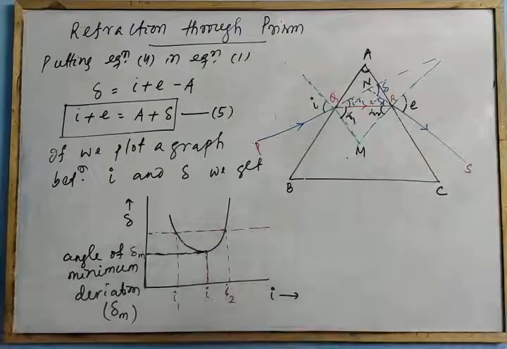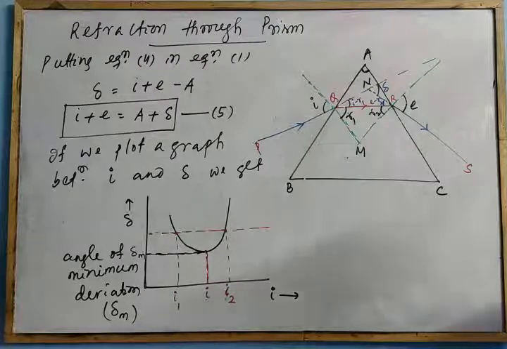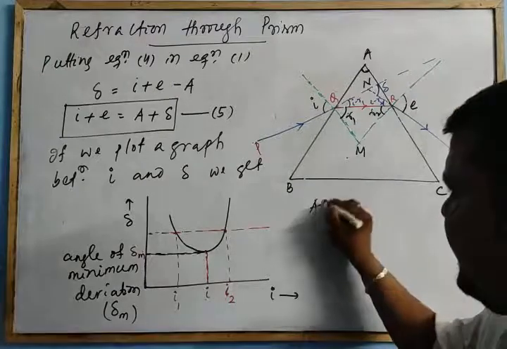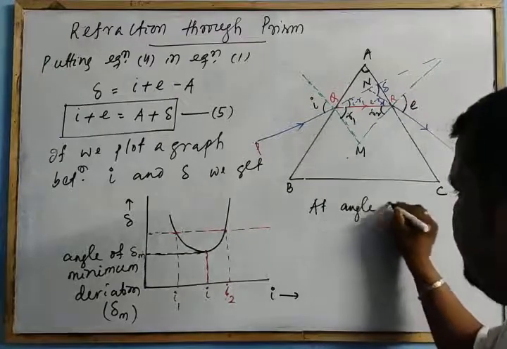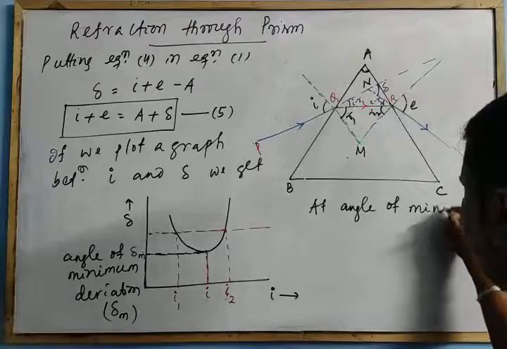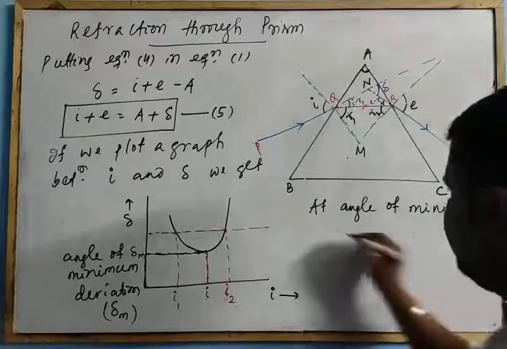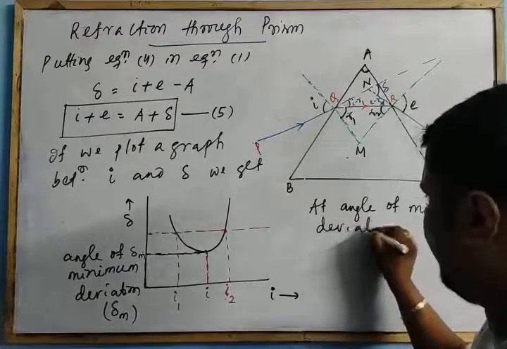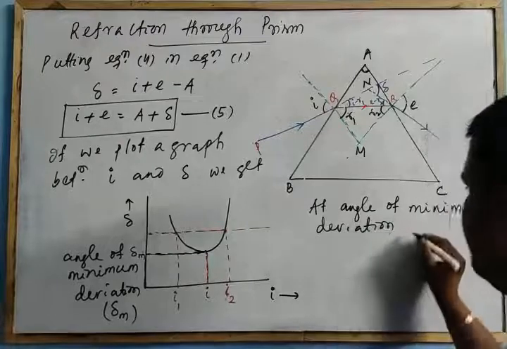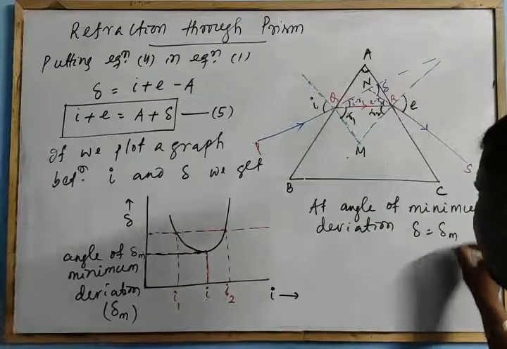And again in this discussion, at the angle of minimum deviation, what happens? At the angle of minimum deviation, we can write delta is equal to delta m.